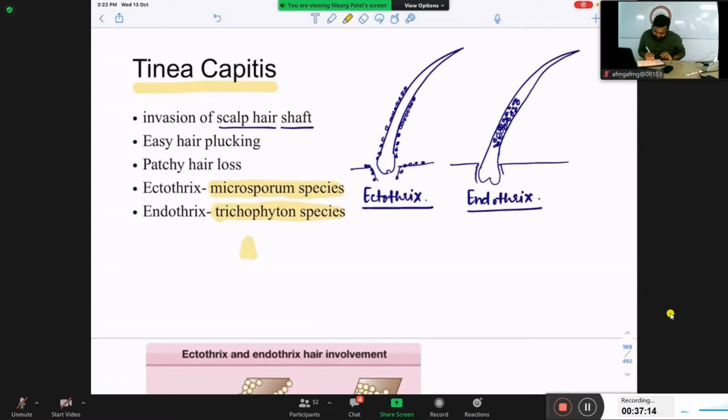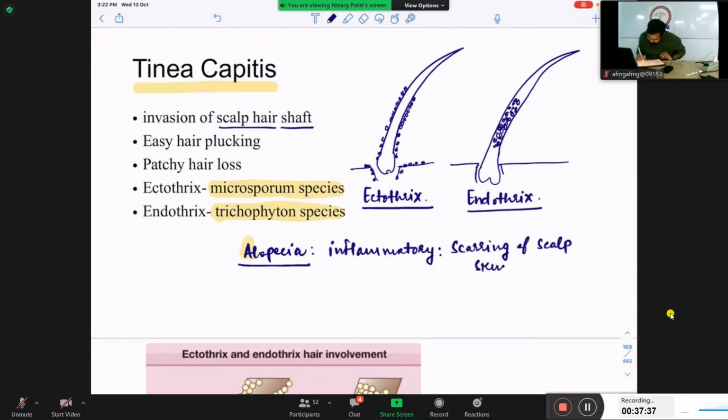This tinea capitis will cause alopecia. Two types of alopecia will be there. If it is inflammatory, it will cause scarring of the scalp skin. So it is a scarring alopecia.